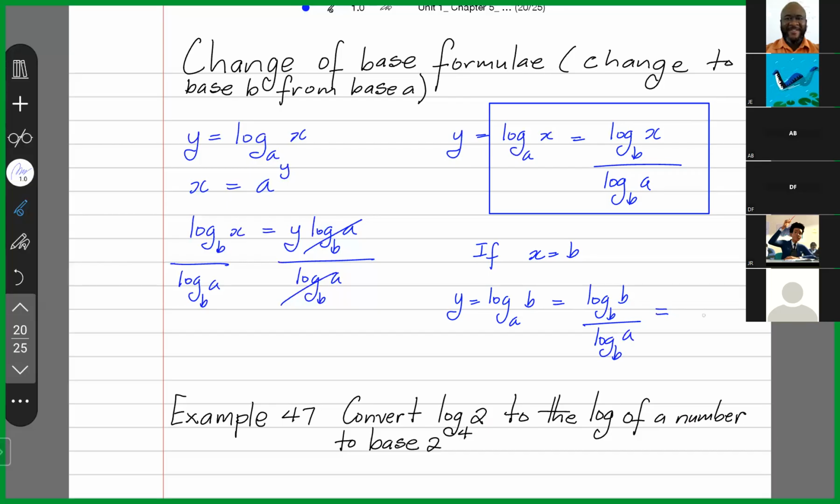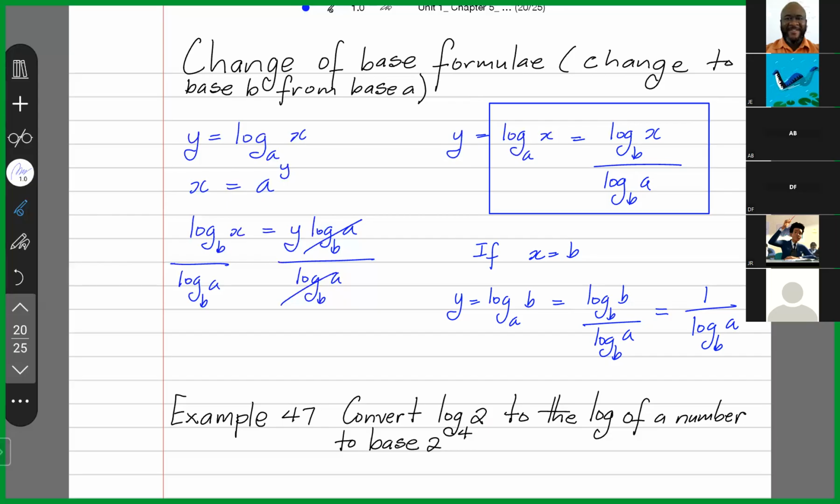But log to the base b of b is what? 1. So this is 1 over log to the base b of a. So log to the base a of b is the same as saying 1 over log to the base b of a. It's sort of like you're interchanging the bases.